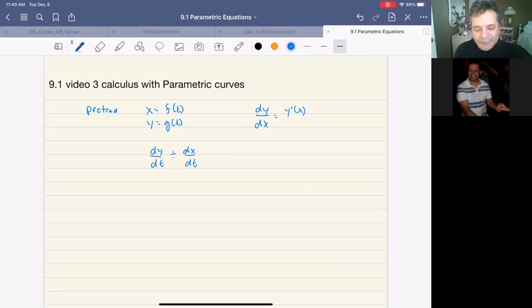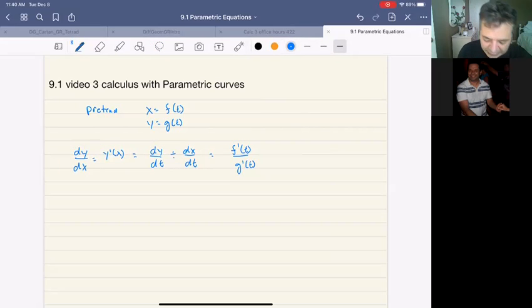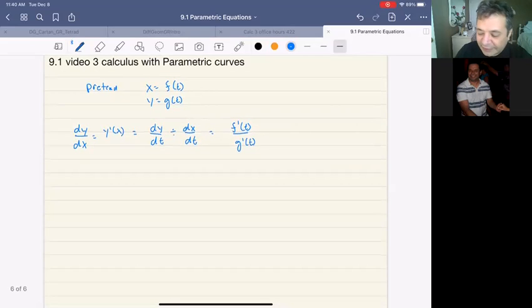It's not super great to do, but it still works. So that's really going to end up just being g prime of t over f prime of t. Okay, good. Let me put this over here, a string of equalities.